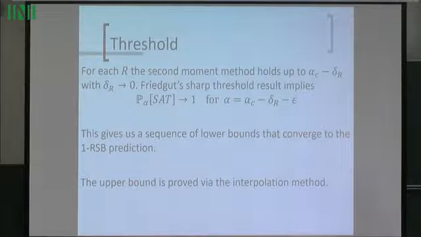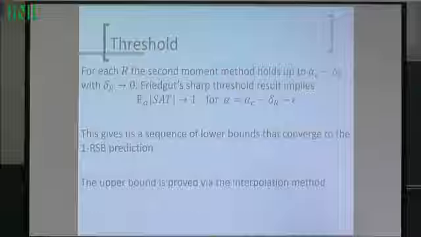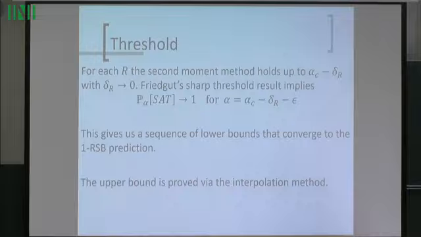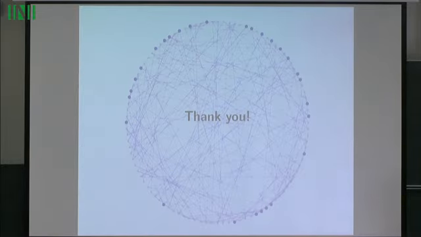I should say, the interpolation method doesn't work directly with random k-SAT. You have to do it at finite temperature, with e to the minus beta times the number of solutions. But you get a bound for each beta, and then take beta to infinity, and you get the right upper bound. Okay, thanks for listening.